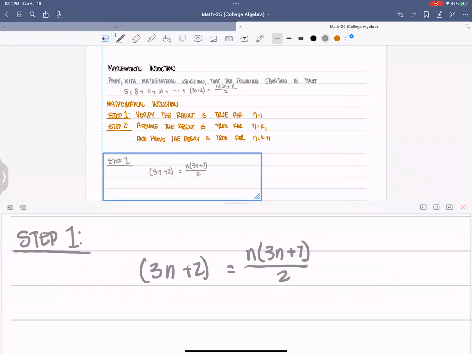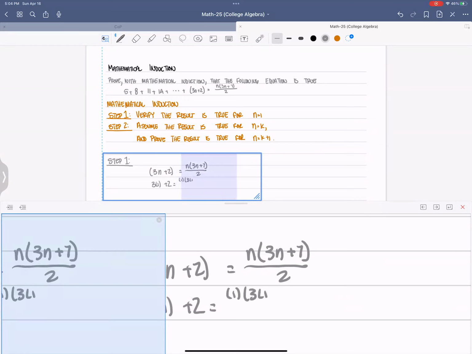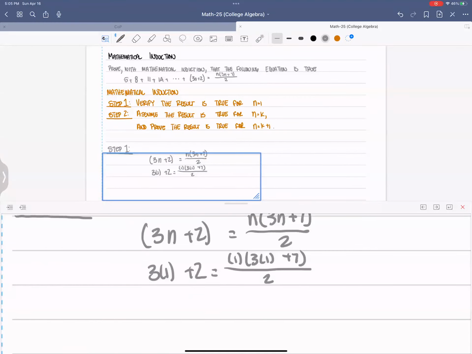So plugging 1 in for n. 3 times 1 plus 2 should be equal to 1 times 3 times 1 plus 7 over 2. So left side, 3 plus 2.